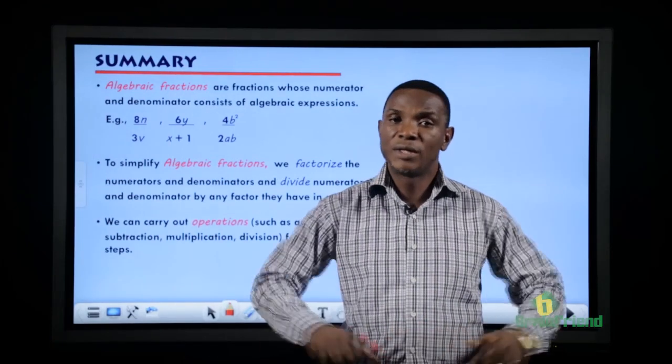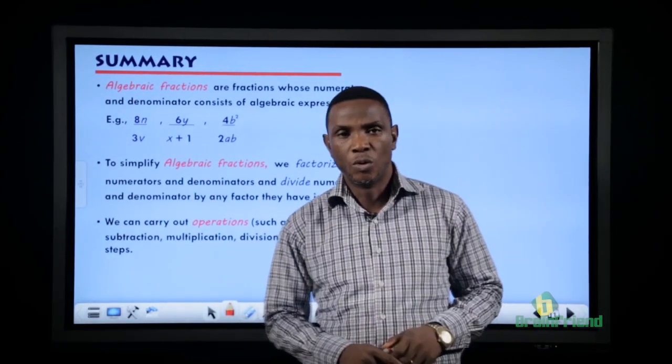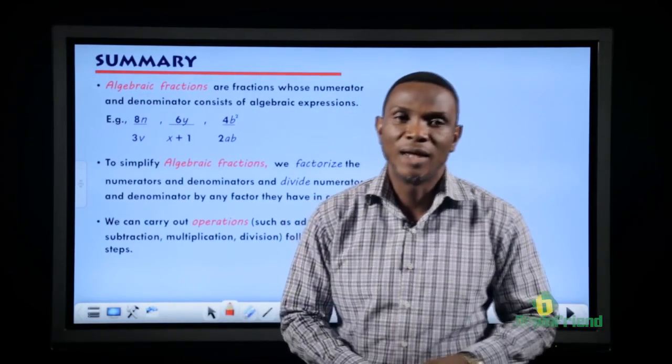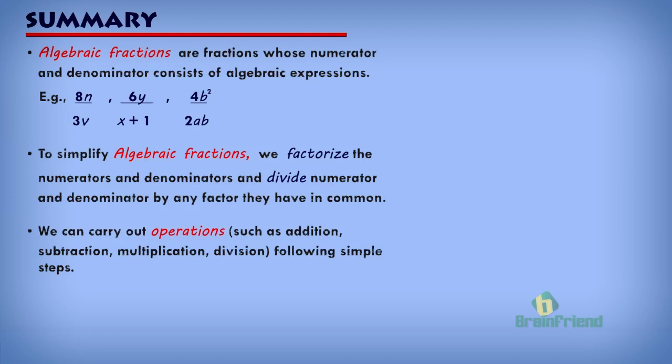Wow. And with that, we've come to the end of our class today. But before we go, we'll take a quick look at some of the things that we have learned today. We learned that algebraic fractions are fractions whose numerator and denominator consist of algebraic expressions. Some examples are 8n all over 3v, 6y all over x plus 1, and 4b squared all over 2ab.